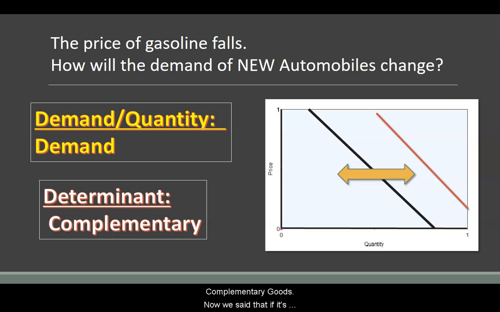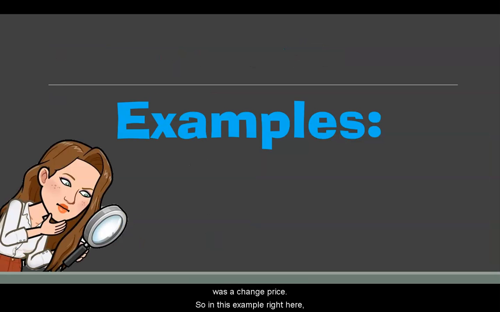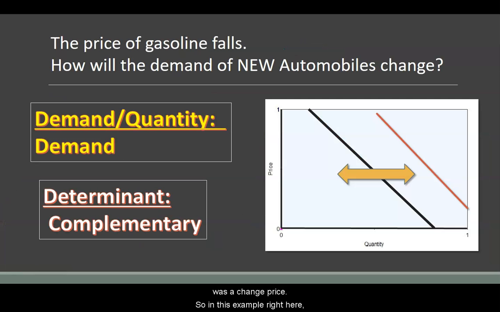Complementary goods. Now, we said that if it's shifting along the line like this, that means the only reason it did so was a change in price. So in this example right here, we don't have a change in price of cars. Make sure you focus on what the question's asking about. It's asking about cars right now, based on how it relates to gasoline prices. So the price of cars didn't actually change.